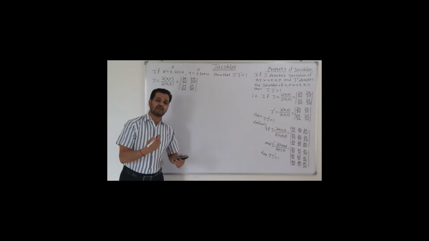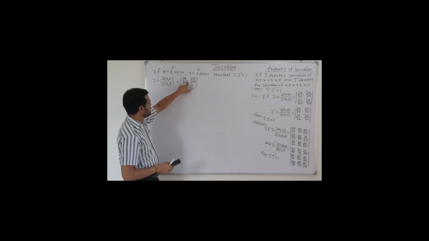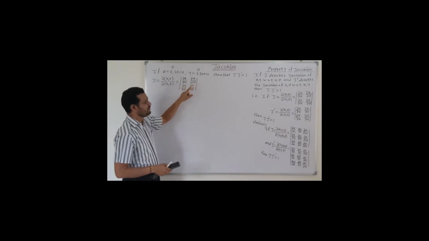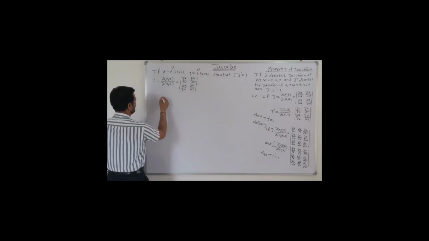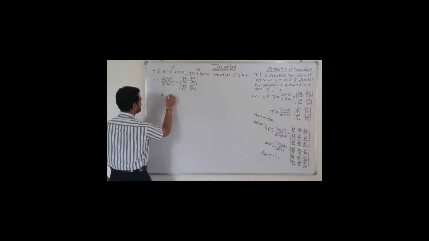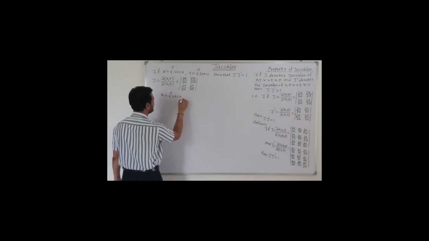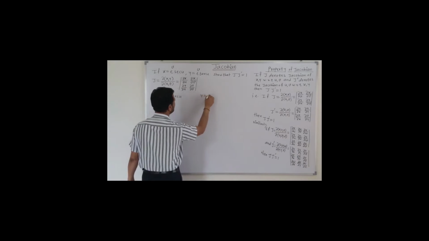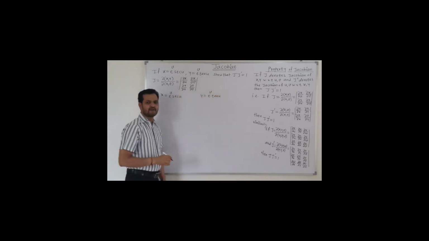To solve the example, find the partial derivatives of x and y with respect to u and v. Here the value of x is given as e raised to v times sec of u, and that of y is given as e raised to v times tan of u.